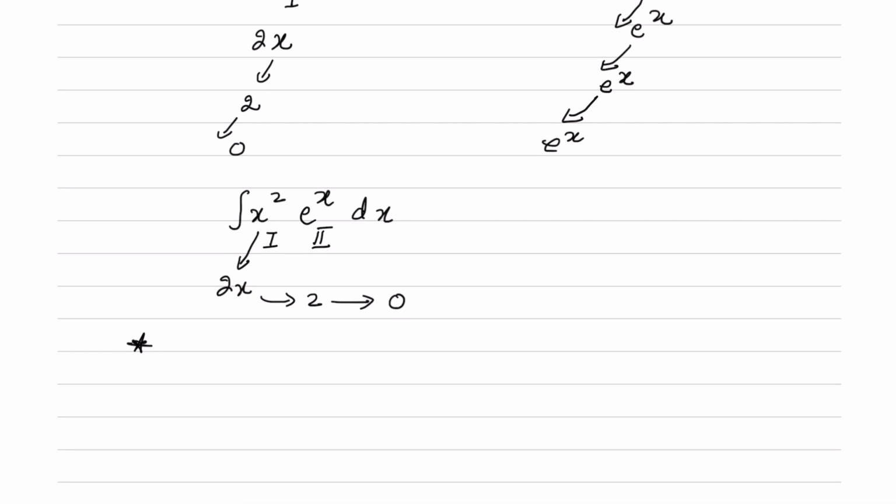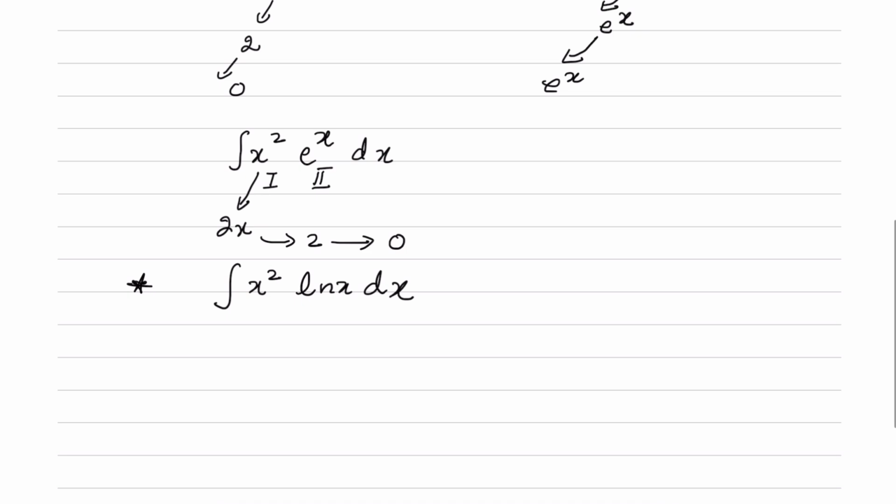Now another thing: if you have to solve this integral, where x square is being multiplied with ln x, which function should you call the first function? We know the derivative of x square is 2x, then another derivative is 2, and another derivative becomes 0. So by the previous suggestion, maybe you should take x square as the first function.